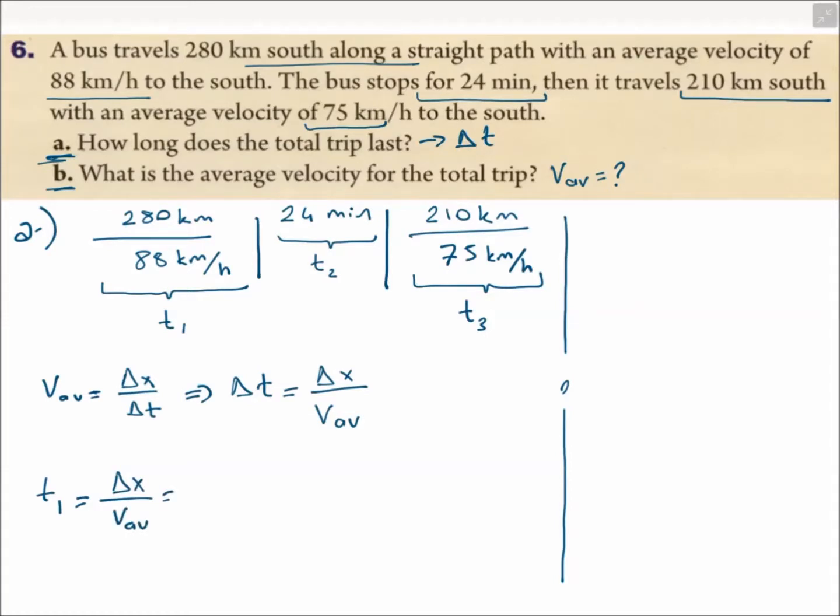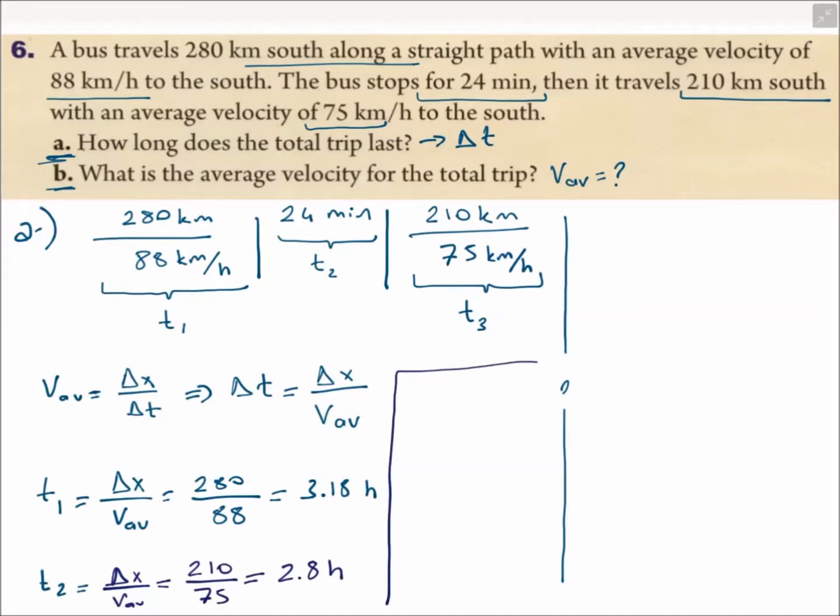Delta x for the first period is 280, and v average is 88, so 3.18 hour. And t3 is going to be delta x over v average again, and the delta x in the third period is 210 over 75, 2.8 hours. This is the t1 and t3.